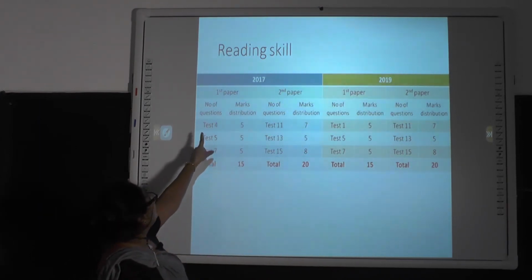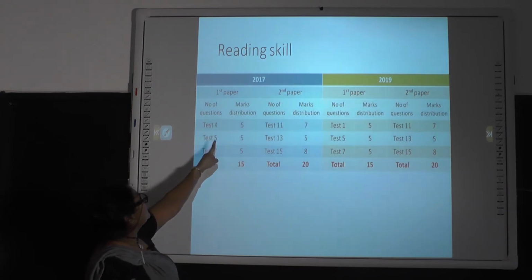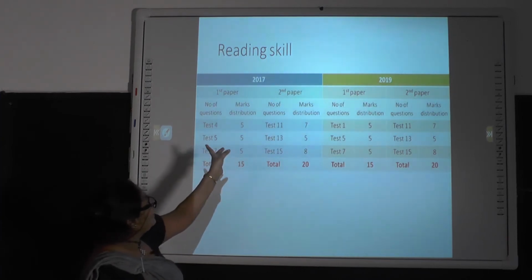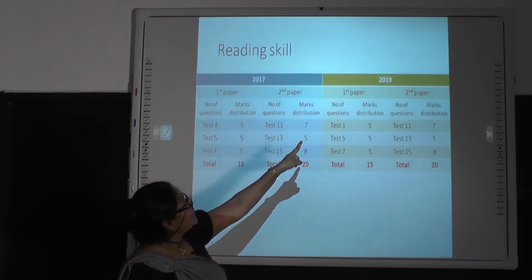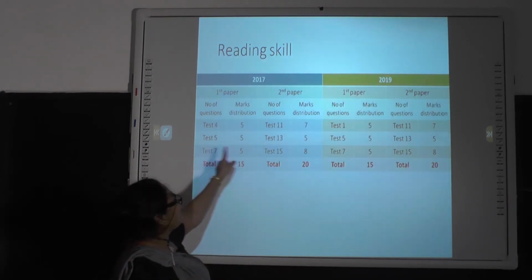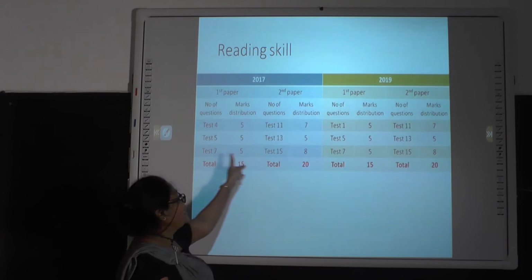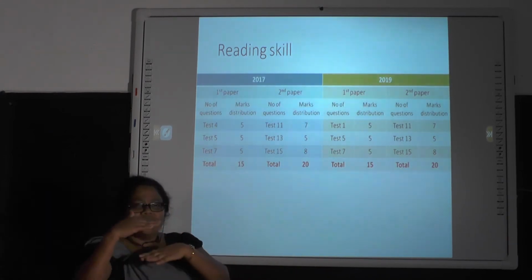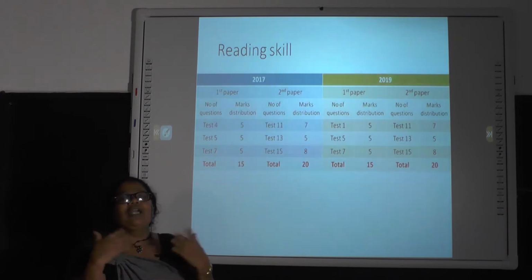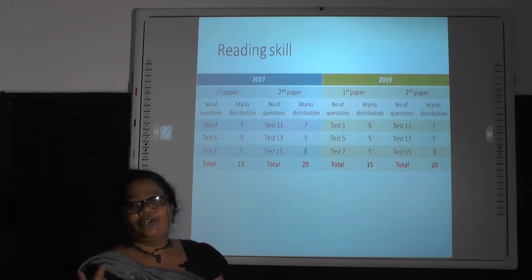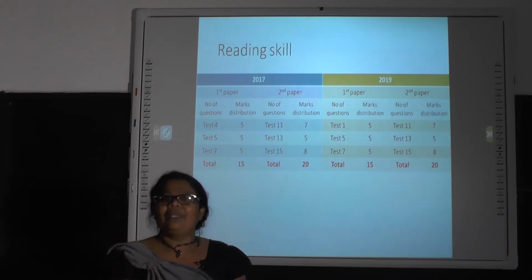In 2017 there are tests 4, 5 and 7, and in 2019 tests 1, 5 and 7. You see the same test appears as test 7. What is this? It is a short paragraph, and you are given some WH questions, which will measure your scanning and skimming ability.